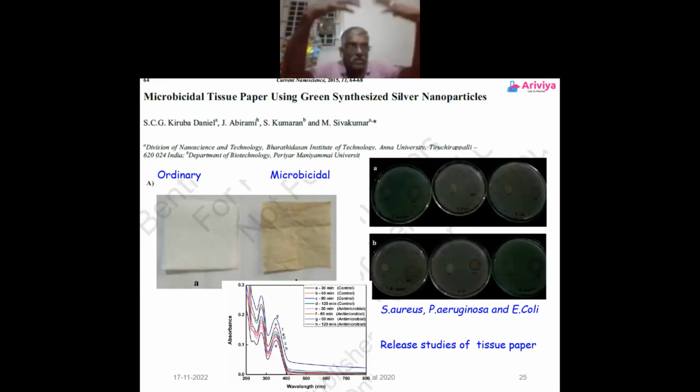That is called microbicidal paper. The paper itself will clean and cure the wound, not just be an empty paper. We prepared this microbicidal tissue paper with the help of silver nanoparticles, which are prepared from green sources.